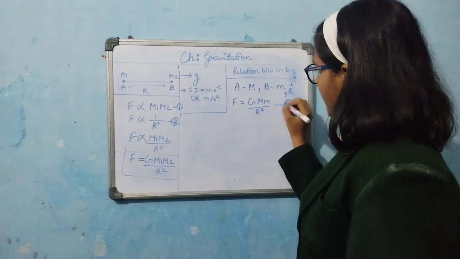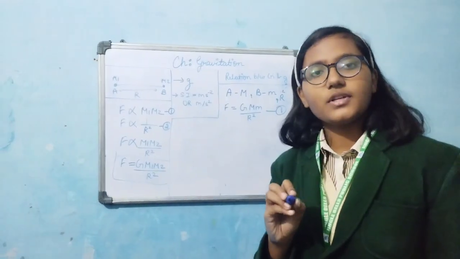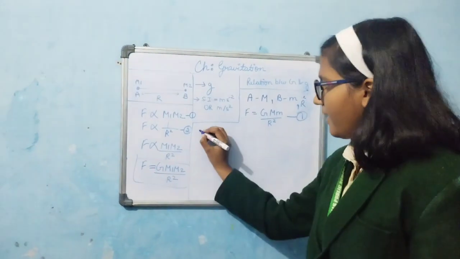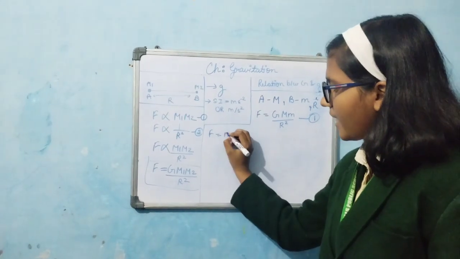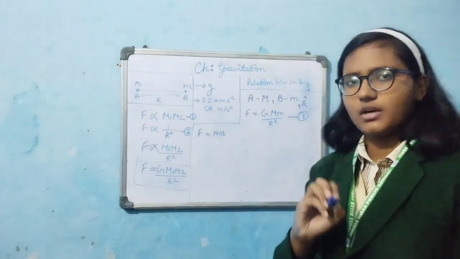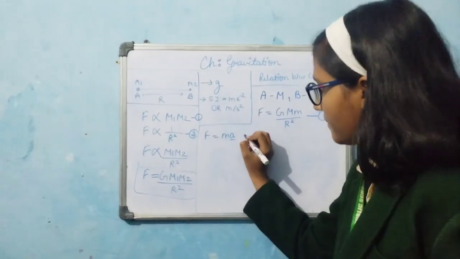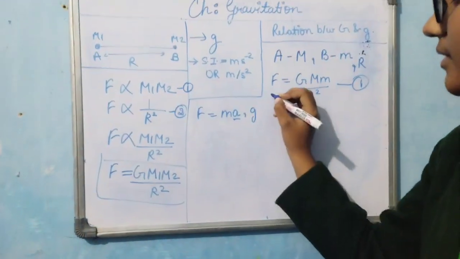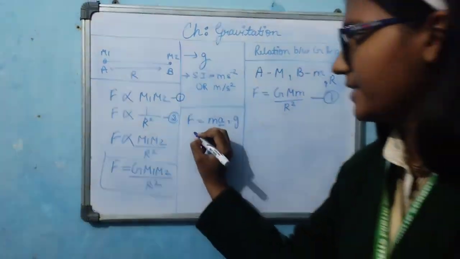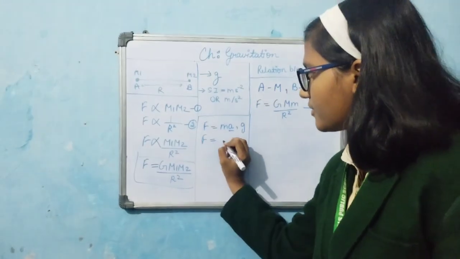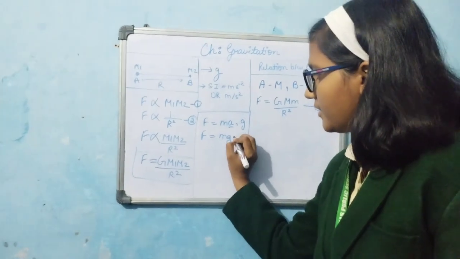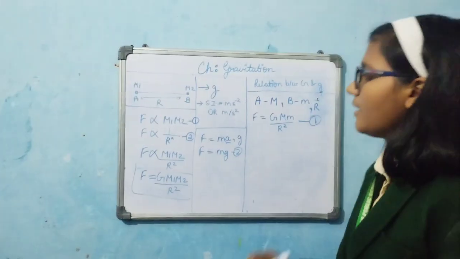Let's consider it our first equation. According to Newton's second law of motion, F is also equal to m into a. Now let us replace this a by g. Then we get F is equal to m into g. This is our second equation.